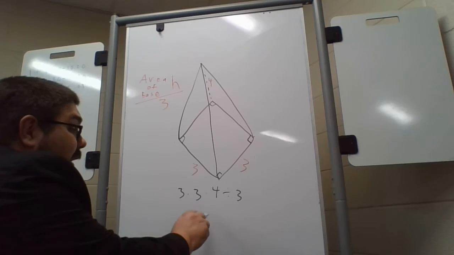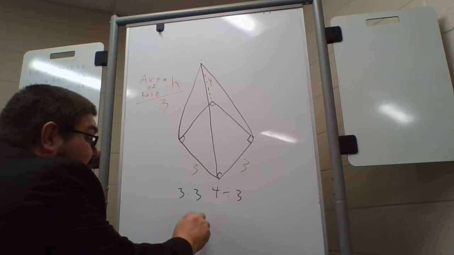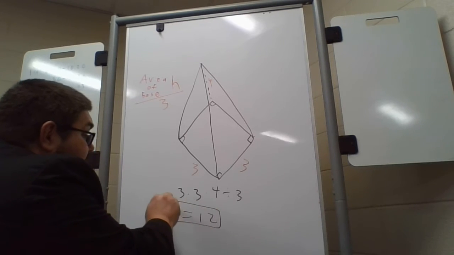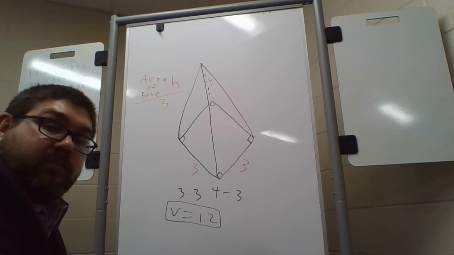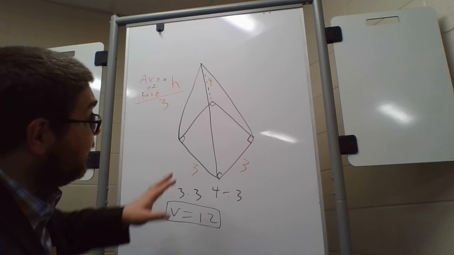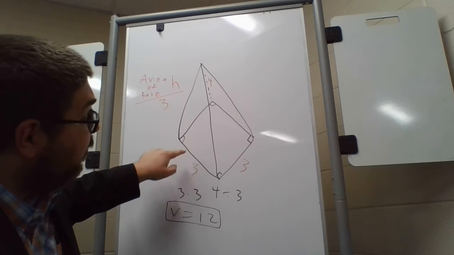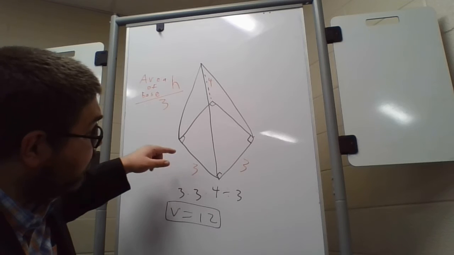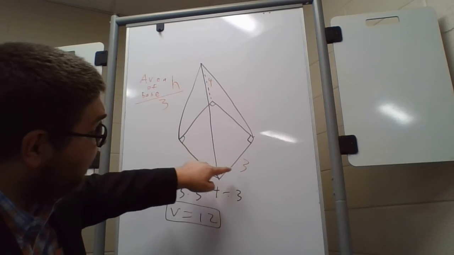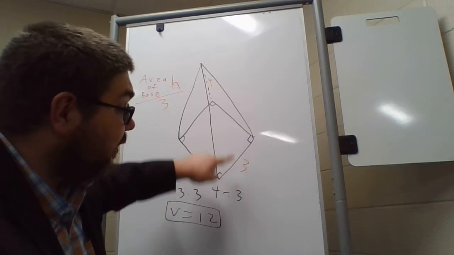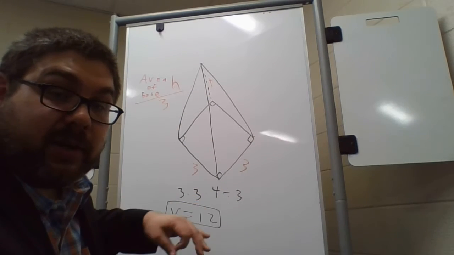Now you put this in a calculator or do it in your head, and you get 12. That's it. When you get one that looks like this, where we have a rectangular or a square base, we're going to do length times width of the base times the height divided by 3, and you're done.